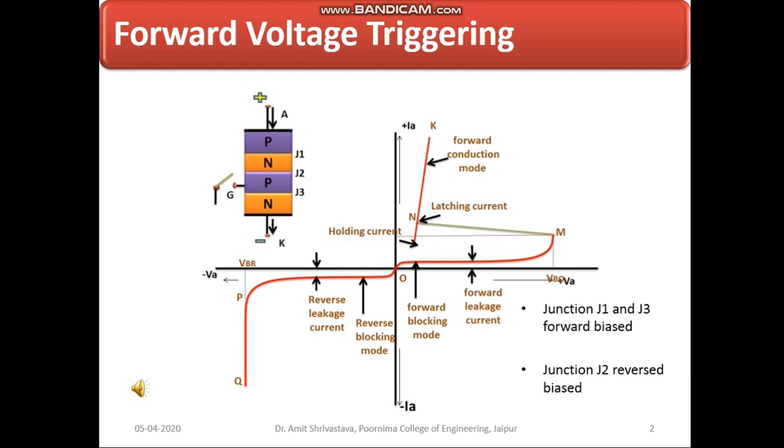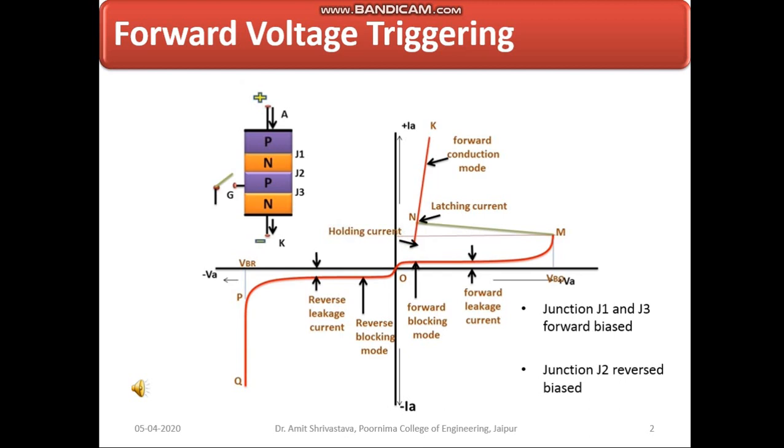If forward voltage across anode cathode is gradually increased, a stage comes when the depletion layer across junction J2 vanishes. At this moment, reverse biased junction J2 is said to have avalanche breakdown, and the voltage at which this occurs is called forward breakover voltage, denoted by VBO.